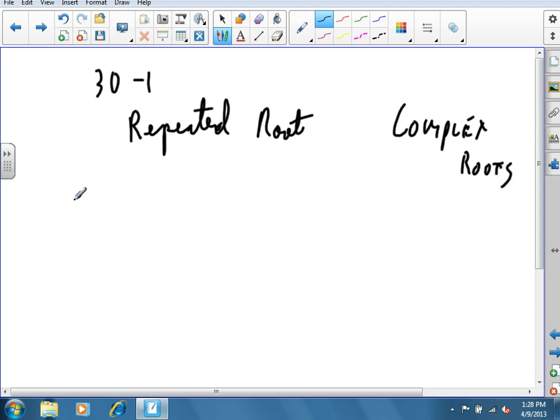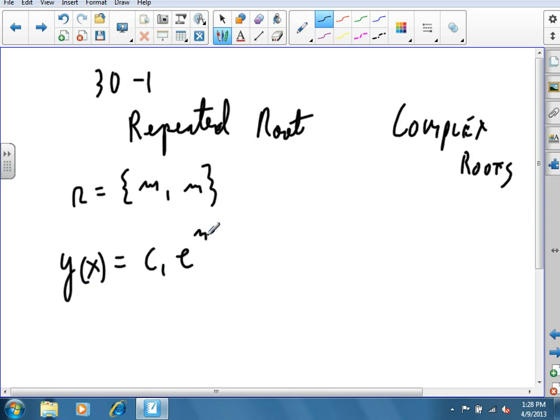So if I have repeated roots, my r's are m and m, they're the same, then my answer is going to be in the form y of x is equal to c1 e to the mx plus c2 x e to the mx.